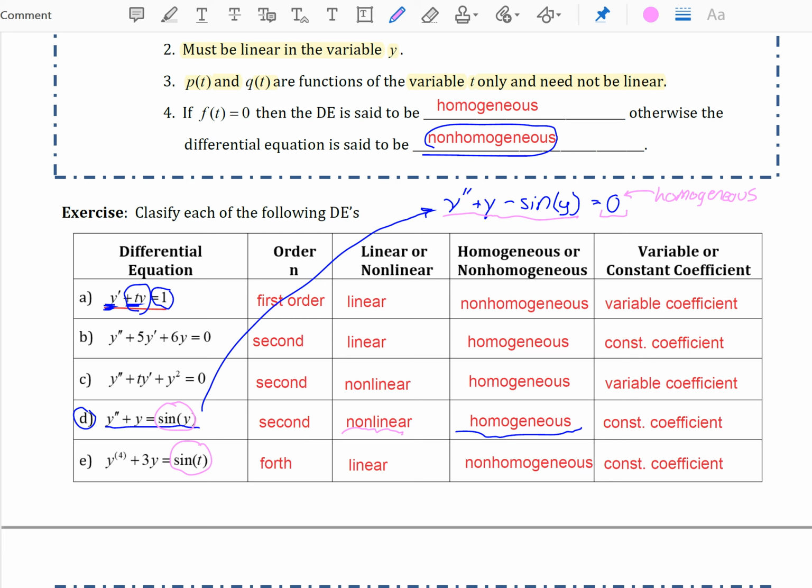Now I'm emphasizing this because in this chapter, this section 2.1, we're only going to be talking about linear differential equations. So we're going to be focusing on A, B, and E. Well, actually, we won't talk about E because E is a fourth order, and we are sticking to first order and second order differential equations now. But these are the only ones I'd be able to talk about.